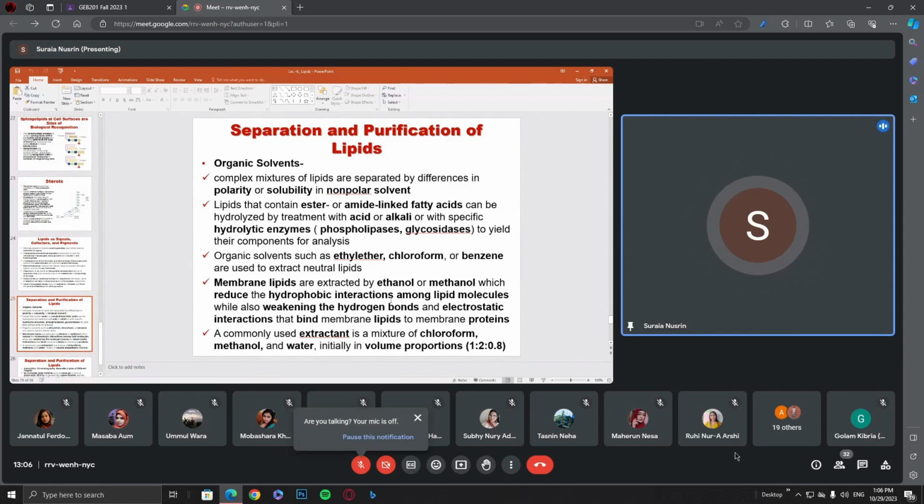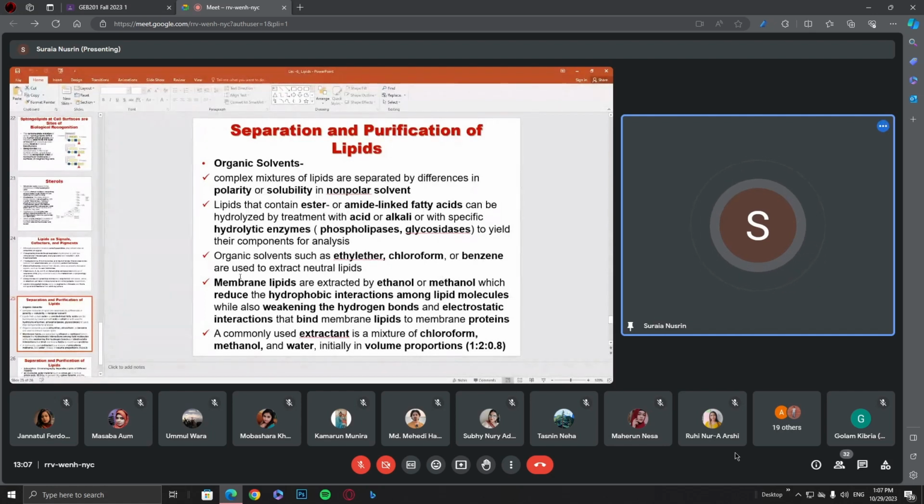These two solvents are preferred for membrane lipids because they reduce the hydrophobic interactions. The hydrophobic parts of the lipids interact with each other by hydrophobic interaction, and sometimes there are also hydrogen bonds and electrostatic interactions.